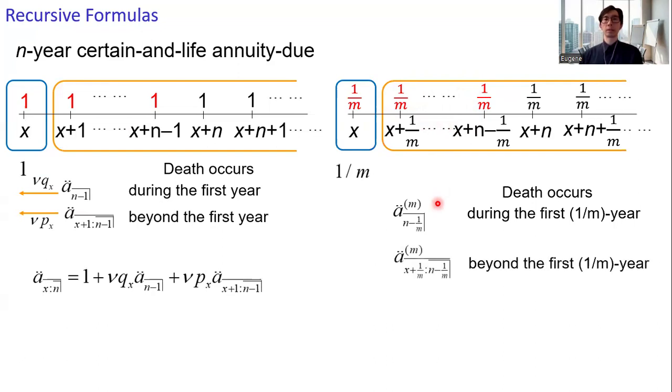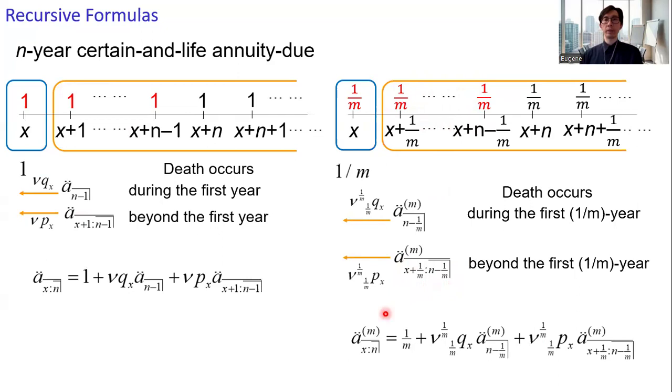Otherwise, this corresponds to an n-1/m year certain and life annuity due issued at age x+1/m. Discount back. And we get the recursive formula for the mth case. Very similar structure.